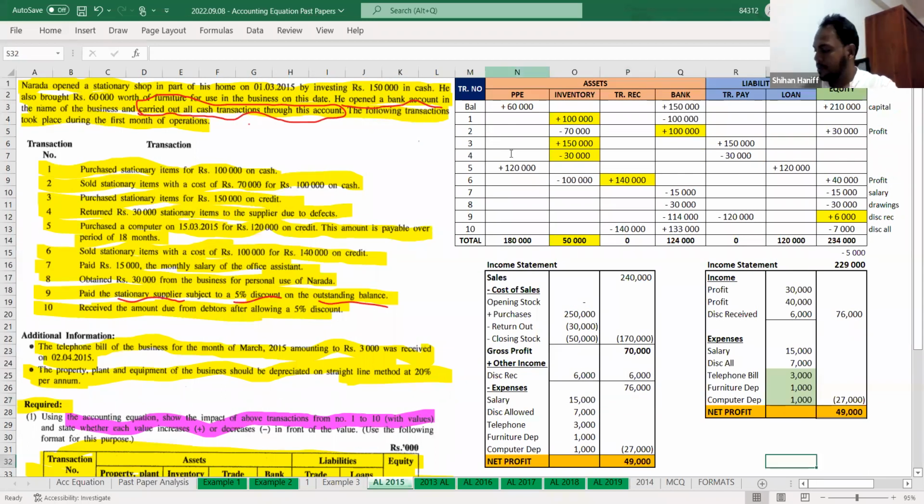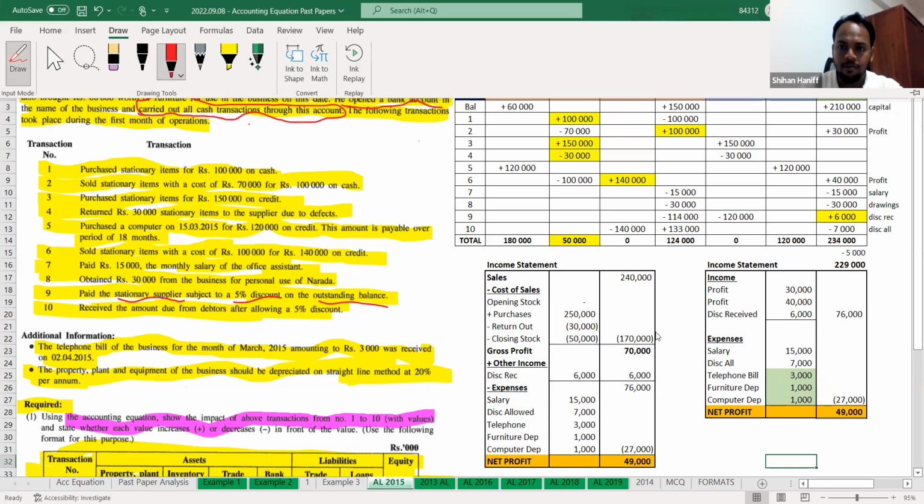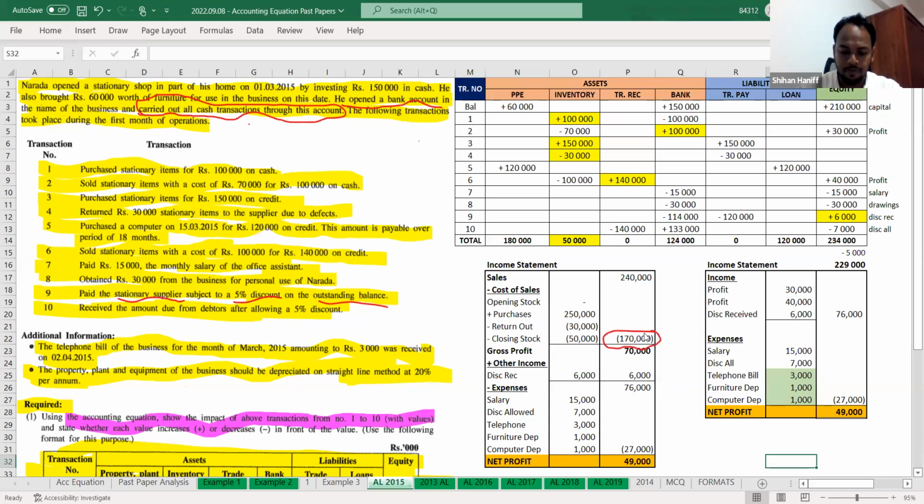The profit is $49,000. So that is the complete income statement. You can use any of these methods for this question. The cost of sales is 170,000. Here, this is the cost of sales. Is that clear?